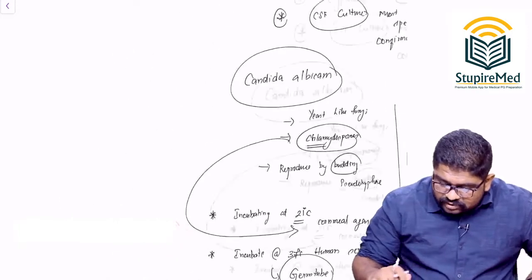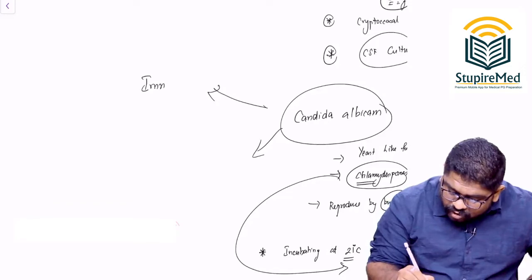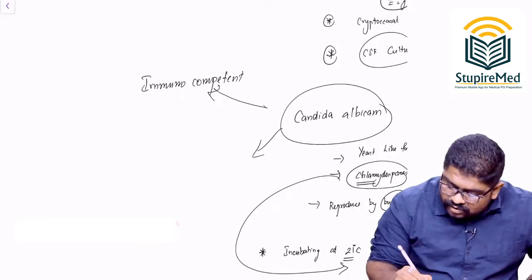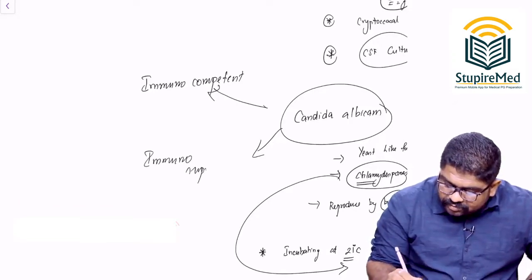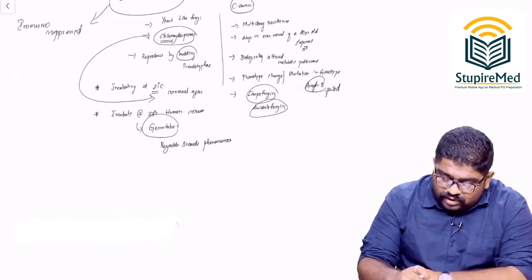What can Candida cause? Candida can attack both immunocompetent people and immunosuppressed people. Why am I telling you that? Think about one thing.